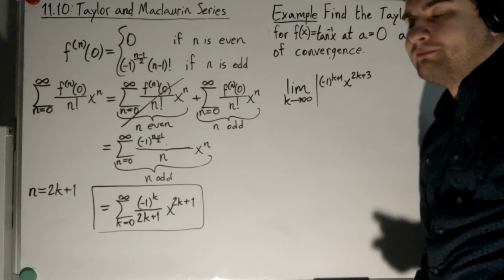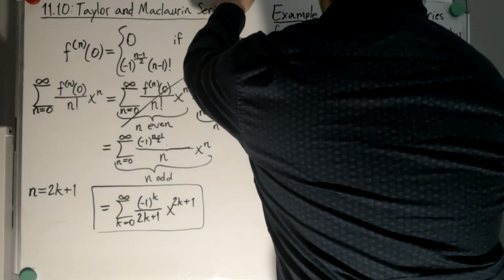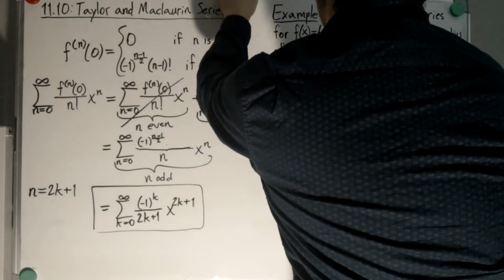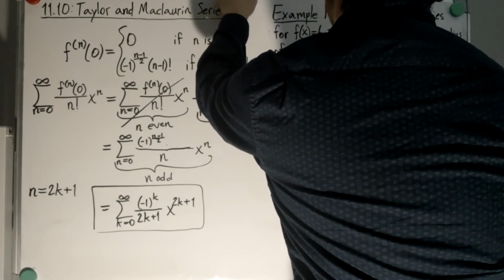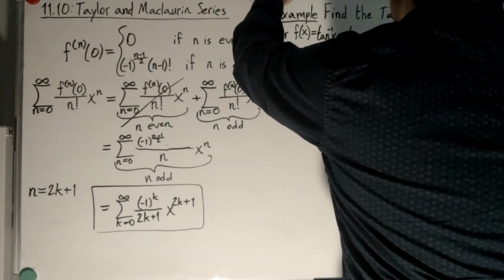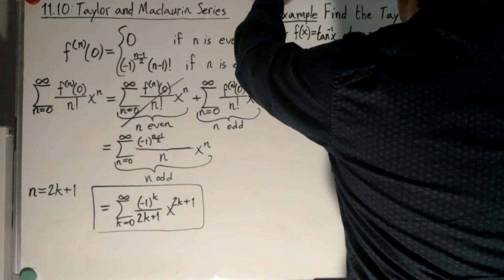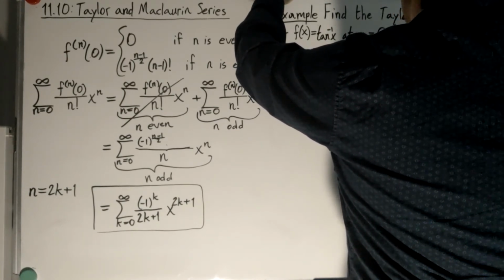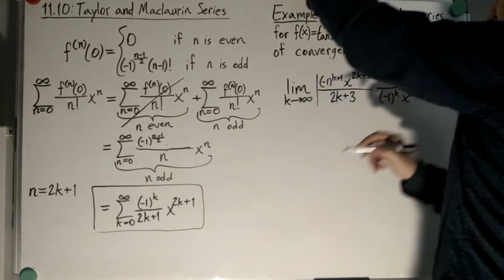Well, 2 plus 1 is 3. Divide this by 2k plus 3. Divide this by negative 1 to the k, x to the 2k plus 1, divided by 2k plus 1.